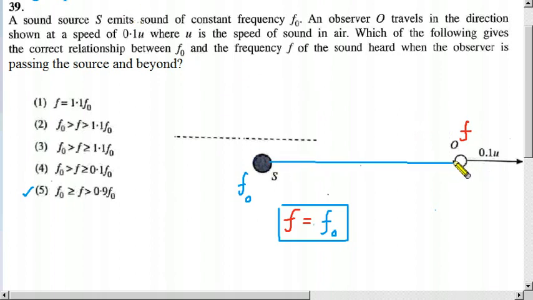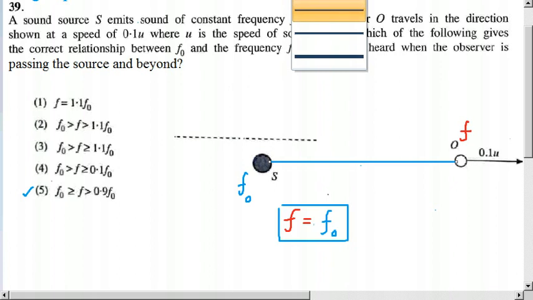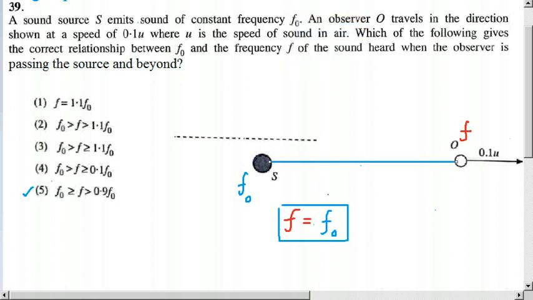Then if it is only very far, you can take it to the same line, like this, very far. So what is the equation?